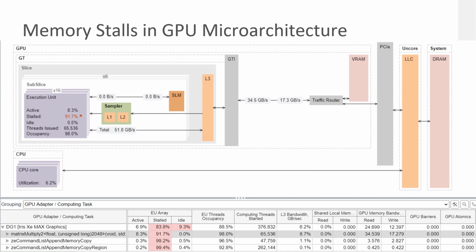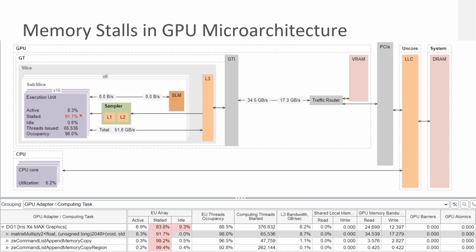Here in the grid table, you will have the metrics highlighted against each compute task, so you can find out how much it is actually stalled during execution. The execution stalls usually happen due to delays in fetching data from some of the units of memory, either close caches or remote caches or remote memory and so on.